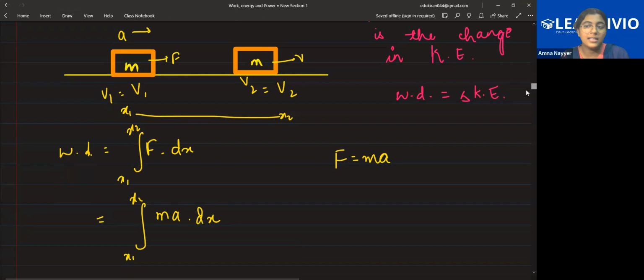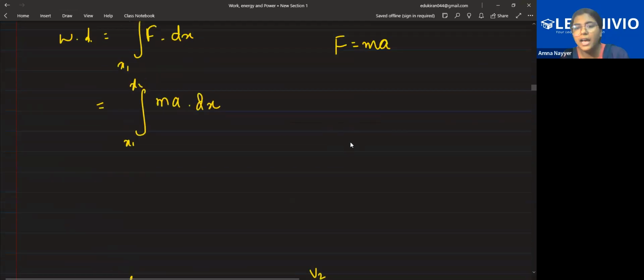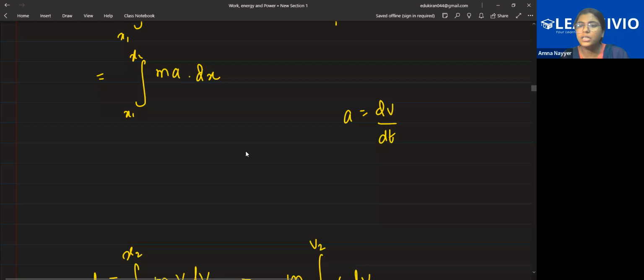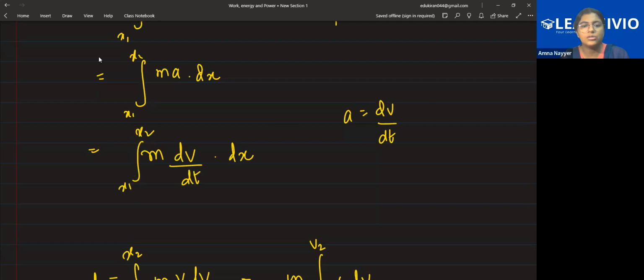Now acceleration is also something which we know. Acceleration is simply dv over dt, correct? Here we'll put m into dv over dt dot dx, from x1 to x2.